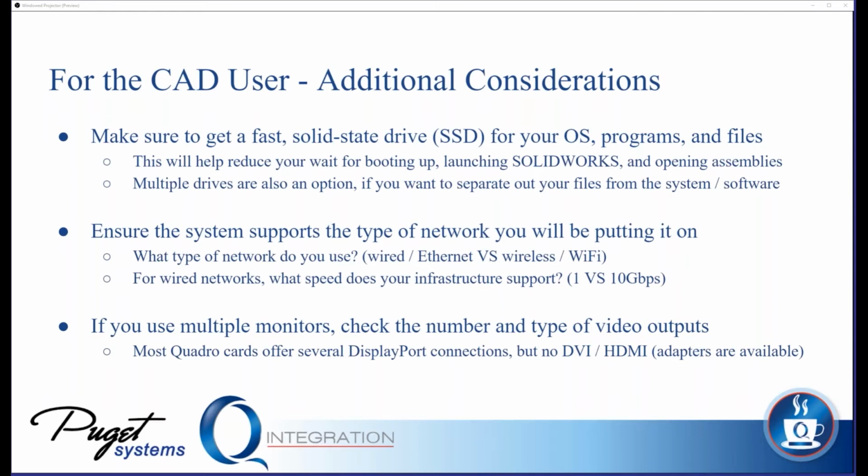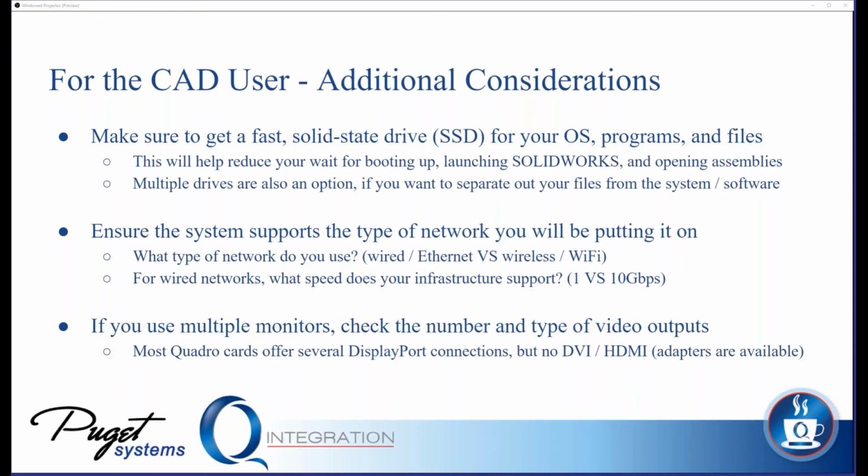You also want to ensure the system is going to support the type of network you're going to be putting it on. Almost all computers have wired Ethernet ports, at least on the desktop side of things. That is not always the case with laptops. And then wireless, so if you're using Wi-Fi rather than a wired connection, you want to make sure that's supported as well. It can be added to systems through a USB dongle, but those are notoriously unreliable.